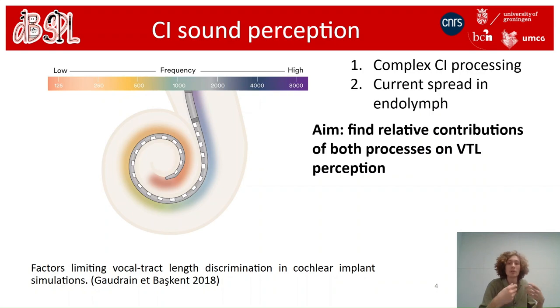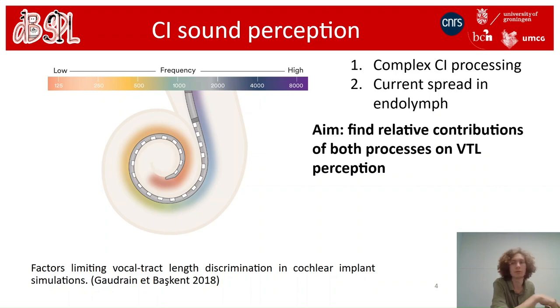The other degradation step is the current spread. A stimulation from an electrode, before it reaches the auditory nerve, is spread out through the endolymph. This is also a spectral degradation, a temporal spectral degradation. Our aim is to find the relative contributions of both processes on VTL perception.